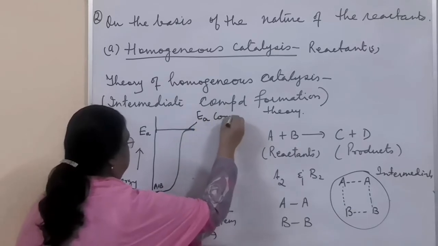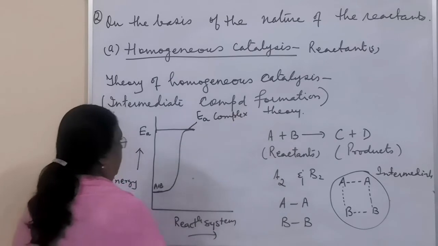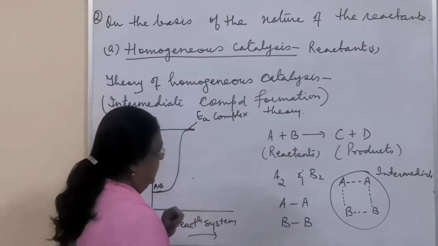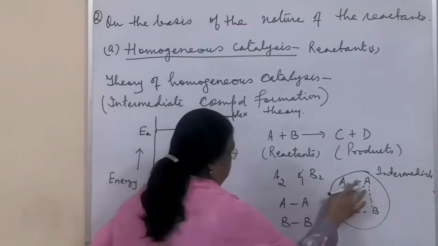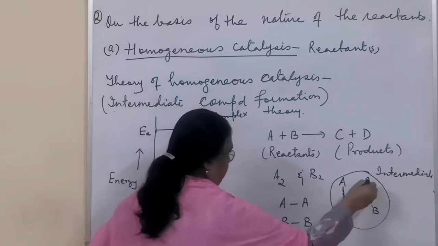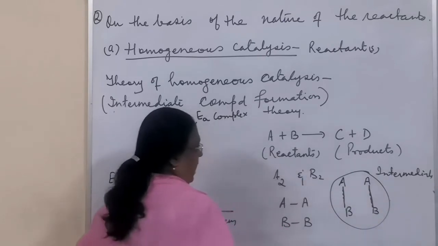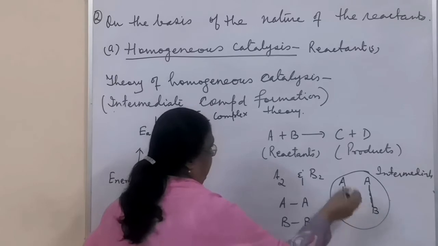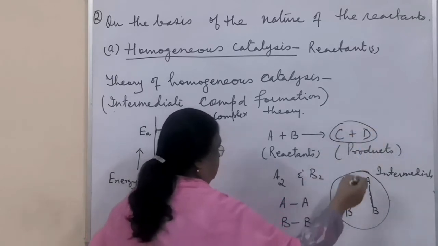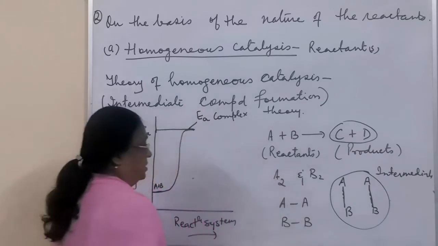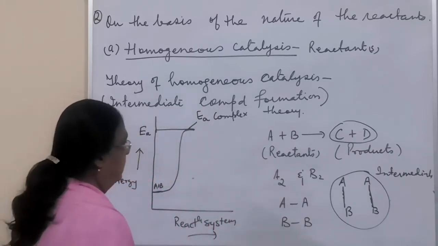Once they have attained this energy, this will decompose, and the new bond will become permanent, and we will have a new species formed, AB, which I have taken as C plus D. So we will have the products formed.